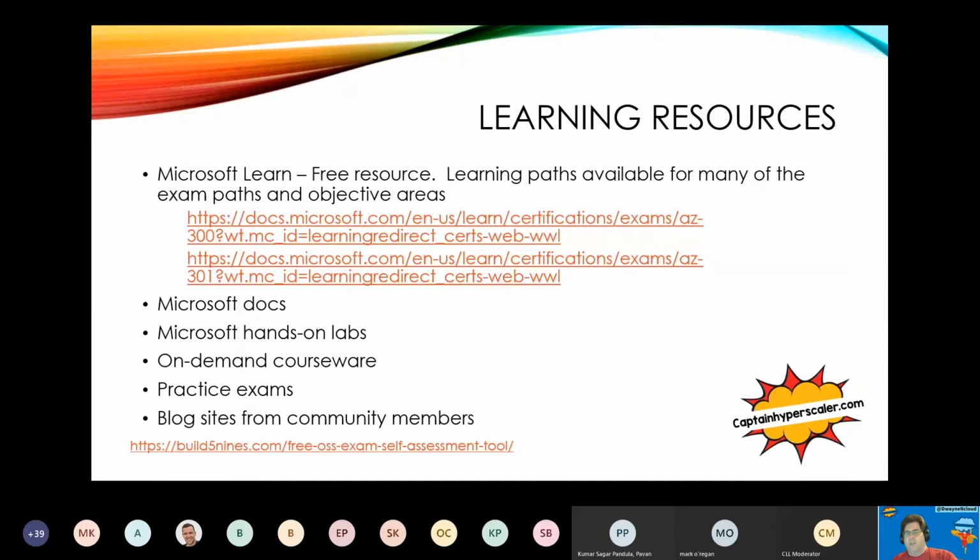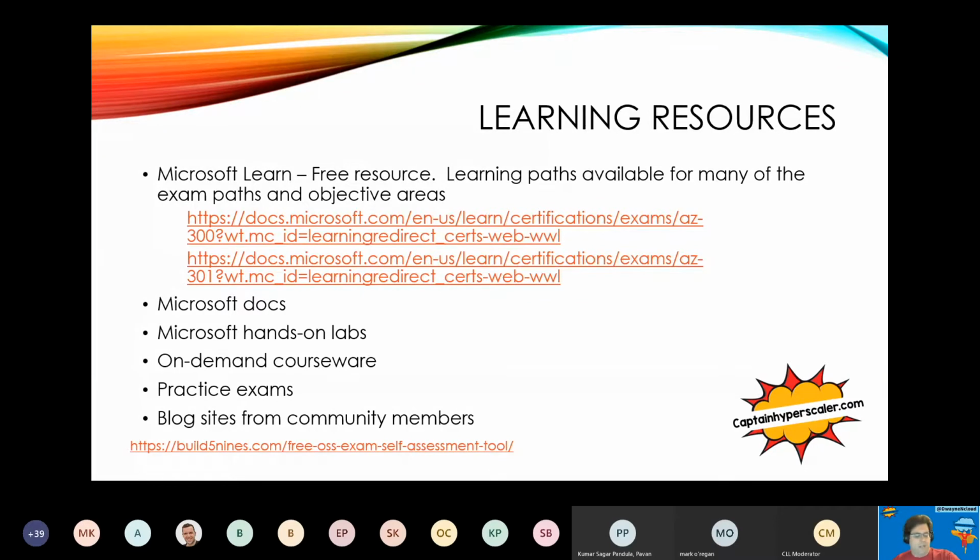But Microsoft Learn has done a lot of updates over the past 6 to 8 months around their training and aligning them to the Azure role-based exams. And they have actually 2 set up for the Azure Solution Architect Expert objective exams. Right now, they're embedded in the AZ300 and AZ301 exams, and we're going to talk about how that's changing in a moment.